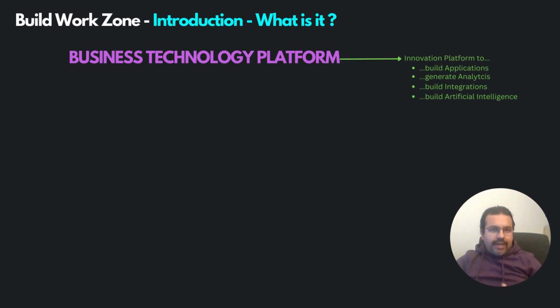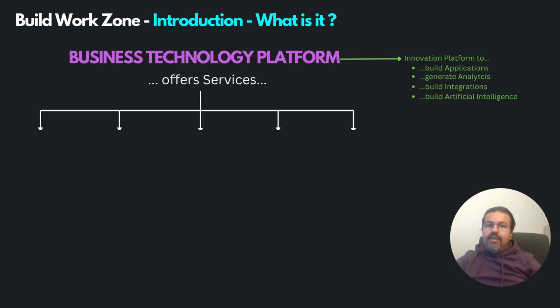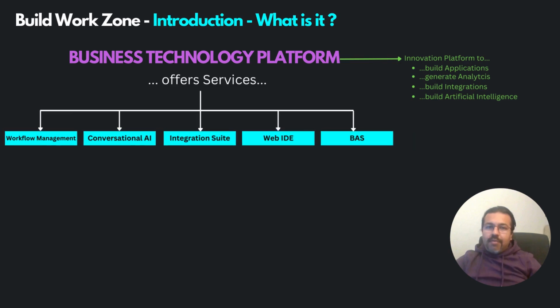So, all kinds of innovative stuff can be done by using the BTP. And in order to be able to do these things, BTP offers what are called services or applications. You might have already used some of these applications. As ABAPers, we are probably familiar with the SAP Web IDE or its newer relative, the Business Application Studio.